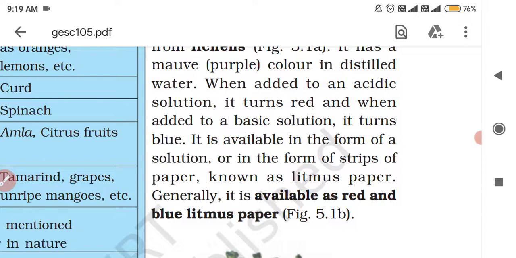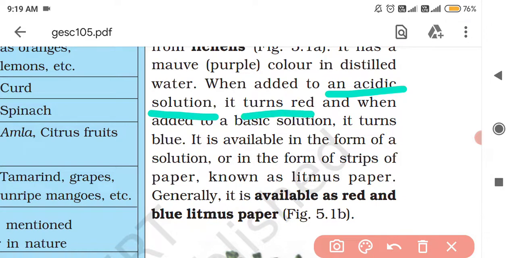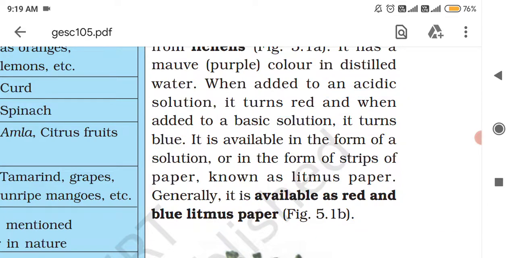When blue litmus is added to an acidic solution, it will change color to red, and when red litmus is added to a basic solution, it will change color to blue. But when red litmus is added to an acidic solution, there will be no change of color at all. And when blue litmus is added to a basic solution, there will also be no change in color.